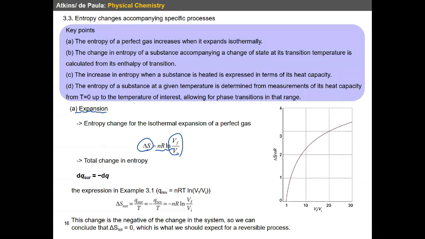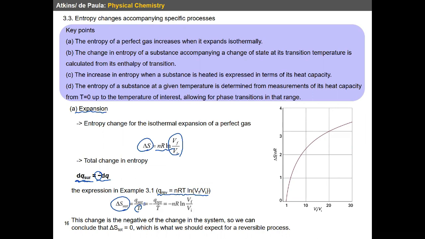Right, so the total change in entropy can be expressed like this. Because the energy transferred to the surroundings is the same as the energy transferred to the system, but negative. And this is q rev with nRT ln Vf over Vi, and then delta S surroundings is q rev over T surroundings, which is minus nR ln Vf over Vi.